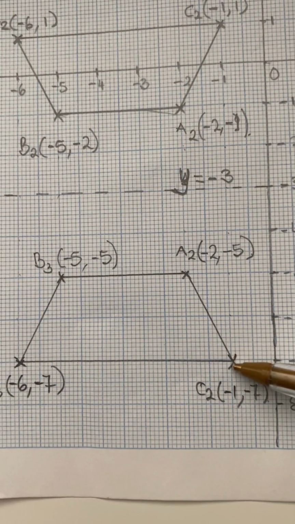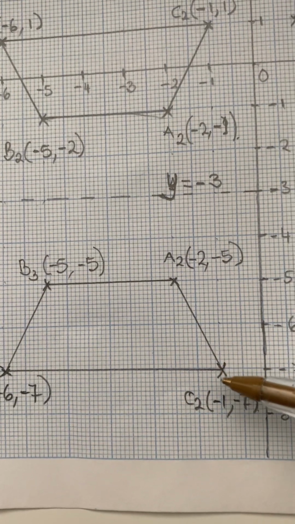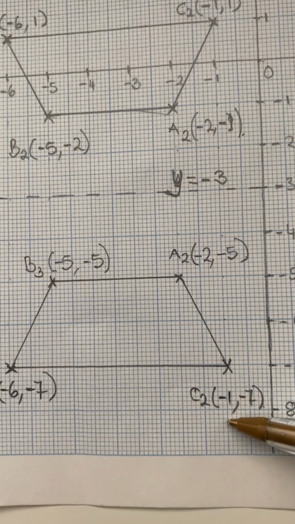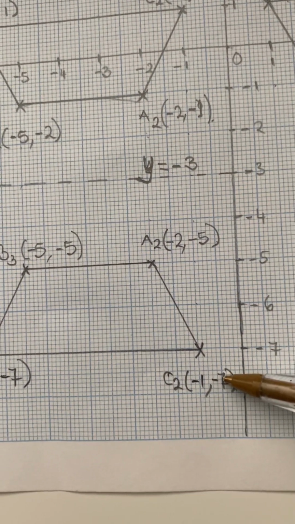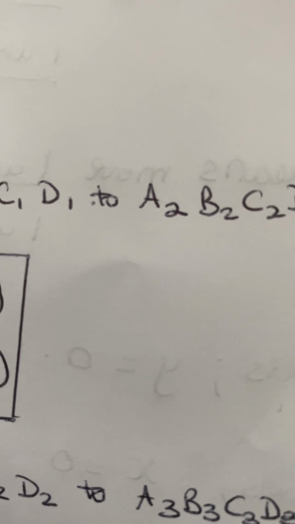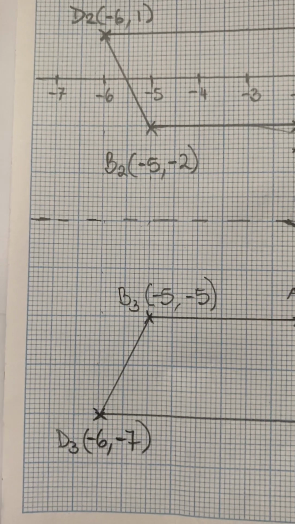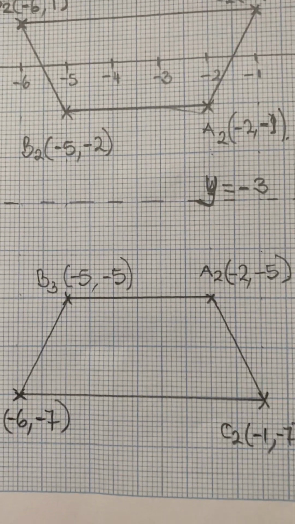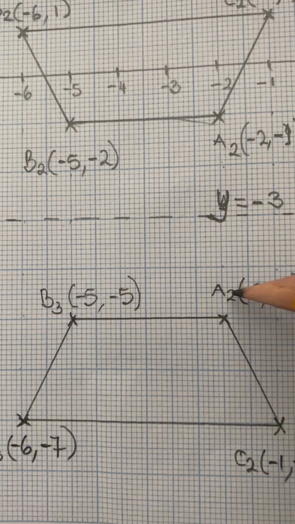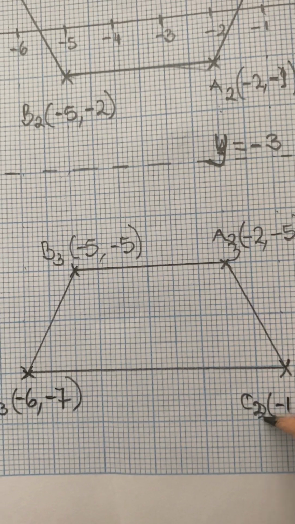So this will be the new coordinate C3, -1, -7. So C3 now will be -1, -7. Sorry, it's C3, not A3. So now A3 and C3.